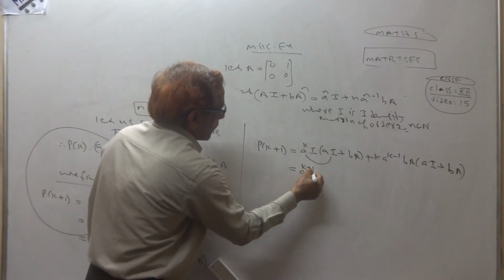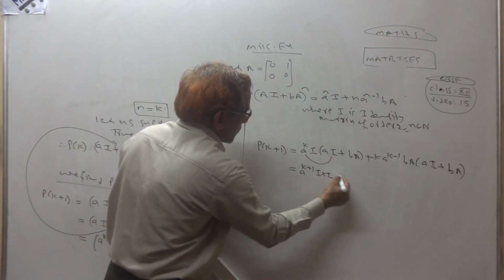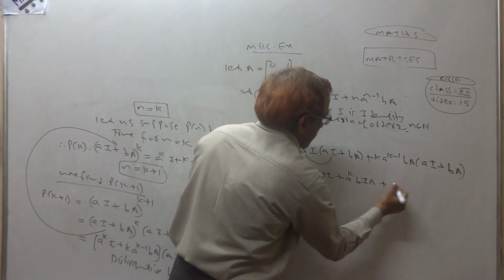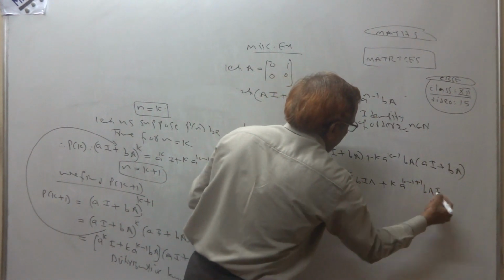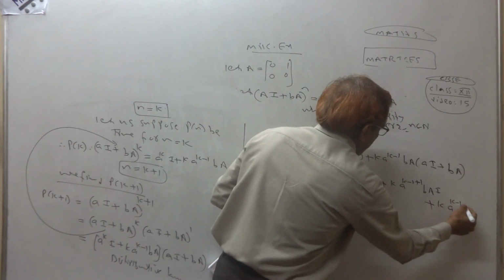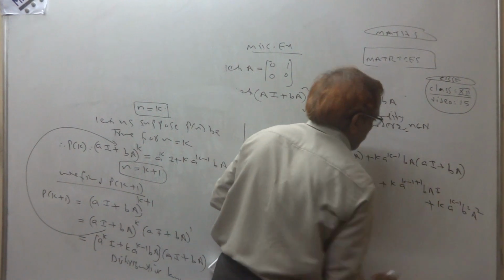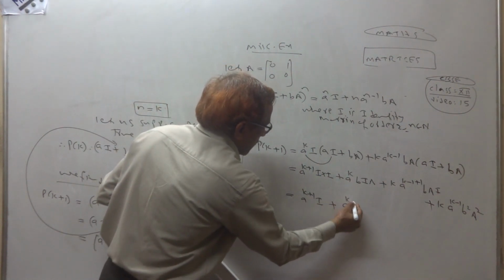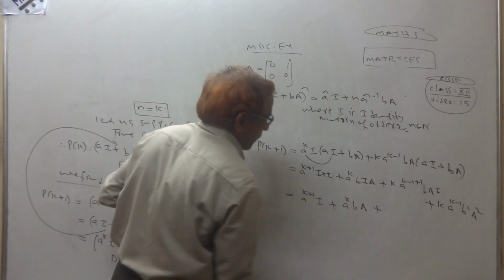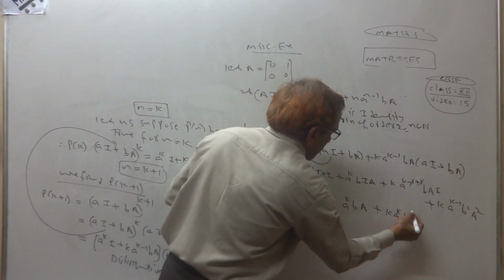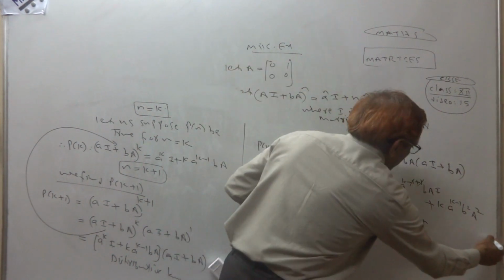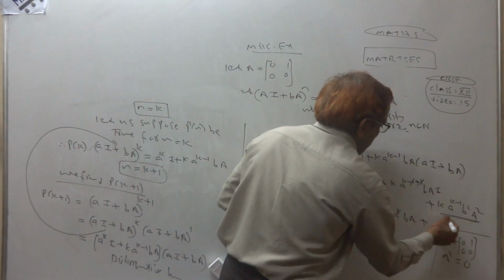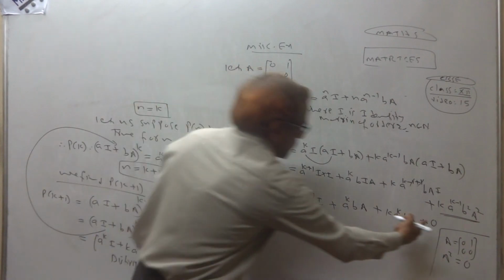A^k into A gives A^(k+1) I, plus A^k B I into A, plus k A^(k-1) times A B A into I, plus k A^(k-1) B B A into A squared. Here, because A is 0 1 0 0, A squared will be the 0 matrix. So we can ignore that term.